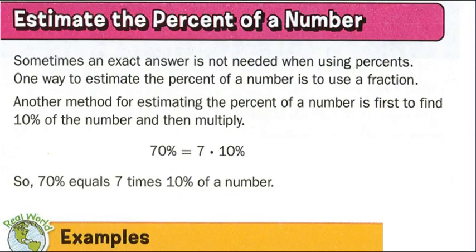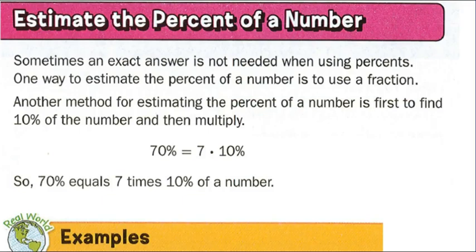So, estimate the percent of a number. It says sometimes an exact answer is not needed when using percents. One way to estimate the percent of a number is to use a fraction. Another method for estimating the percent of a number is to first find 10% of the number and then multiply. So 70% equals 7 times 10% of a number.